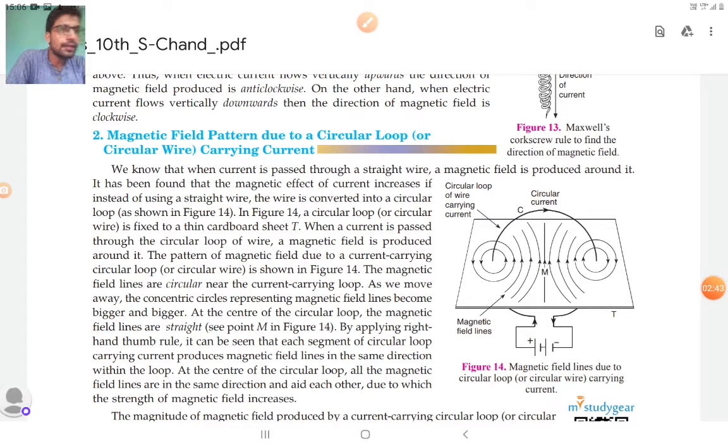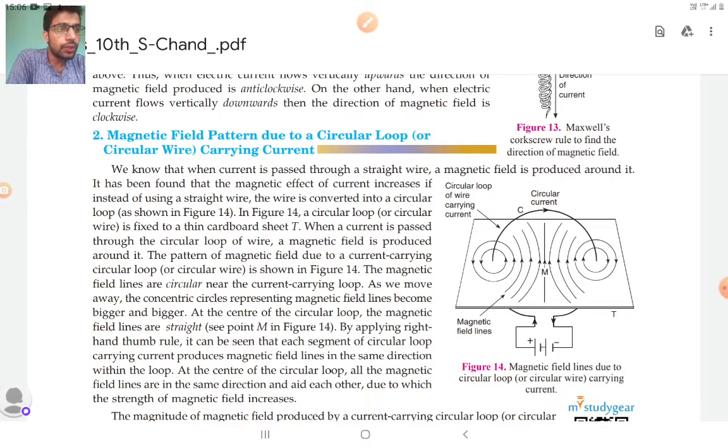This magnetic effect is stronger than that of a straight wire. That's why we made a circular loop.